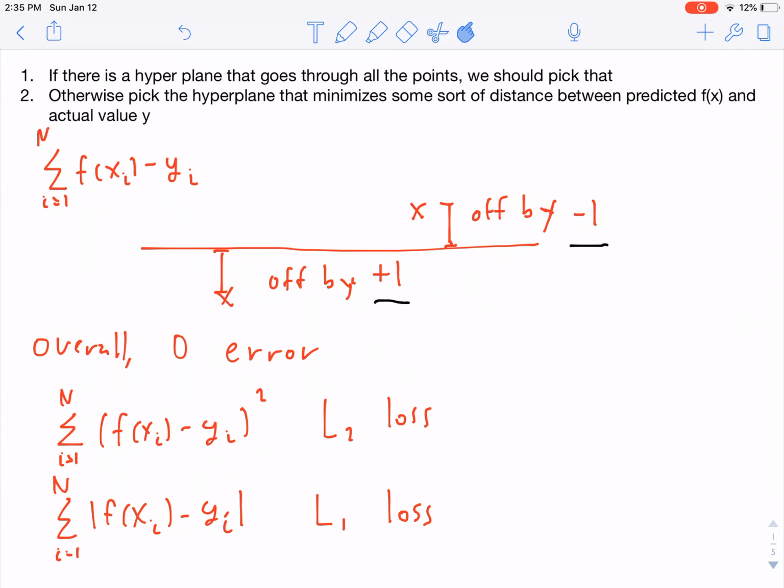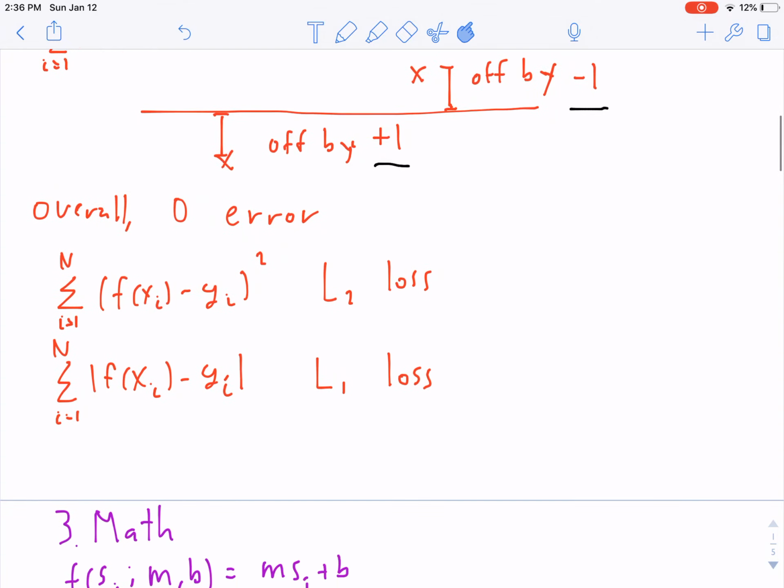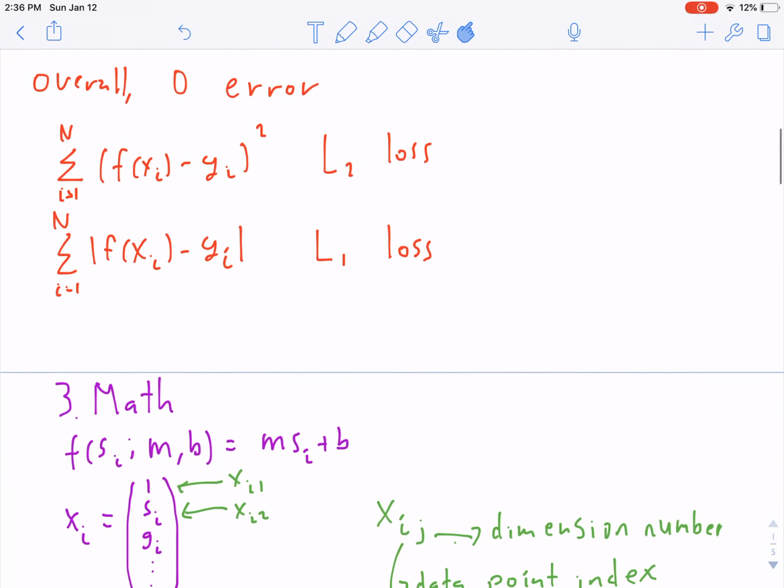And specifically for linear regression, we'll see that minimizing the L2 loss is actually equivalent to sort of a Bayesian framework where you assume Gaussian noise. We'll do that a little bit later in the course, but just to give some sort of context on why we choose L2 loss. So now let's move on to the math.